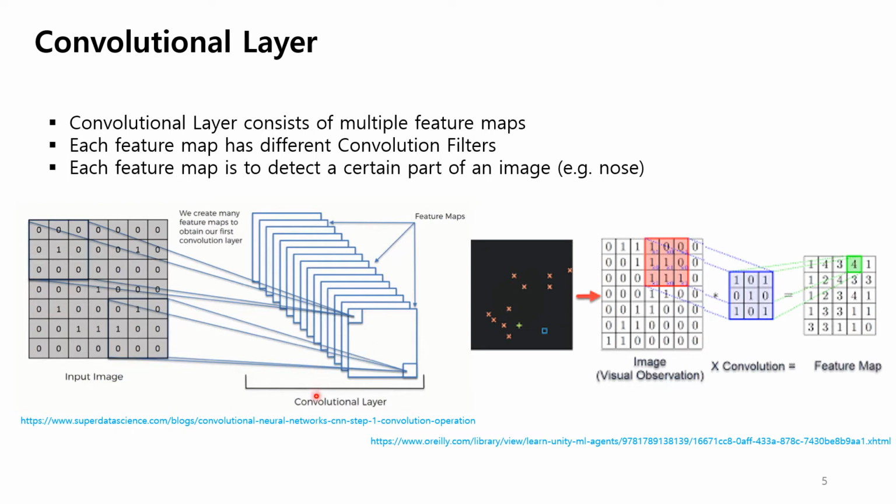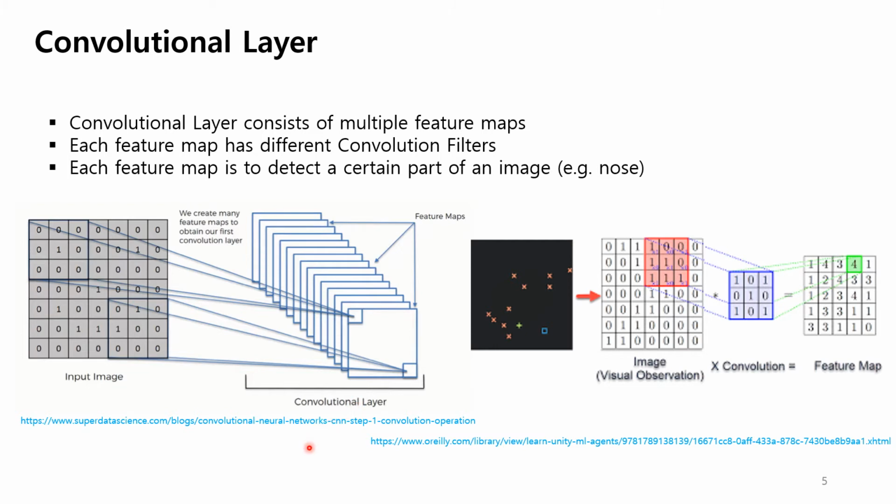For example, in a convolution layer with many feature maps, we can assume this feature map is about finding horizontal lines, another is about finding vertical lines, another about finding edges, or, let's say, circles. So the goal of a feature map is detecting something in the original data.